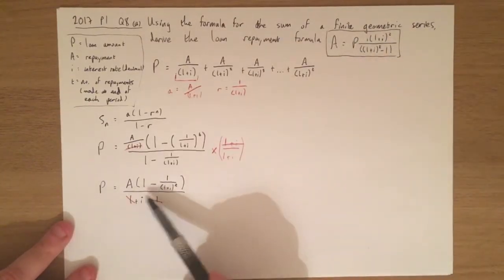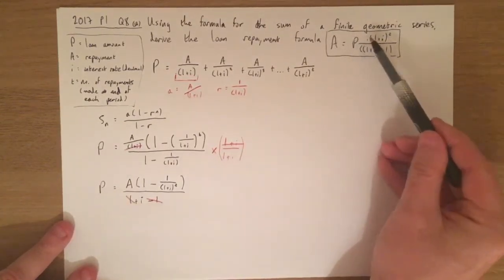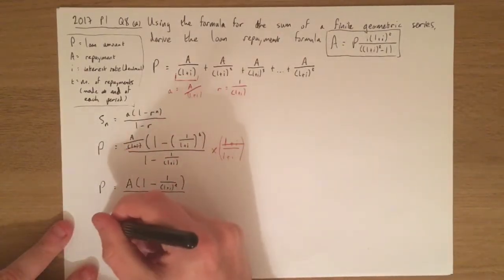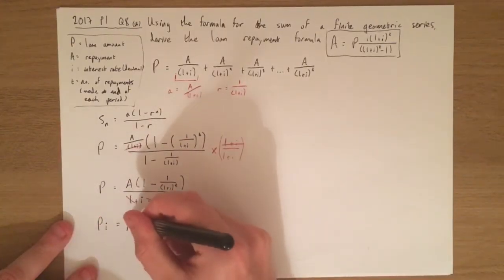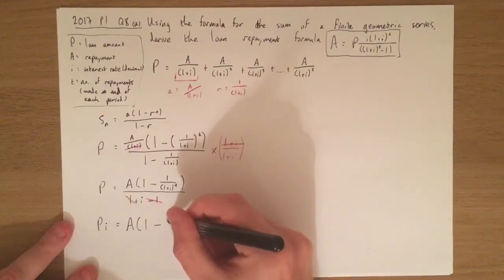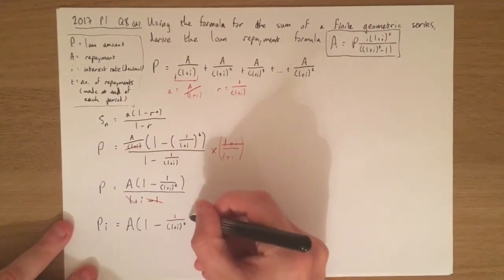So this is divided by I. If I move it over, it's multiplied by I. So I have P multiplied by I, which is in my formula. So bring that I over. So P multiplied by I is equal to A on 1 minus 1 over 1 plus I to the t.